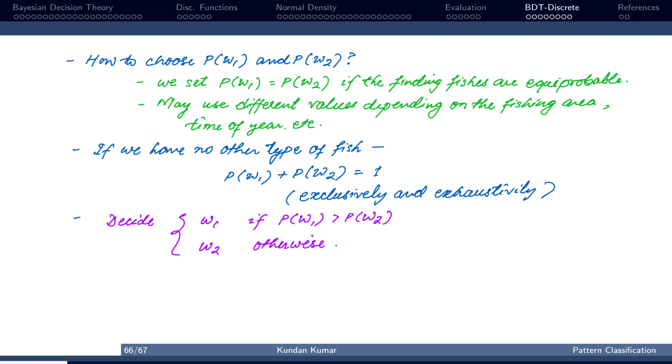And how much error will occur if we make this decision?